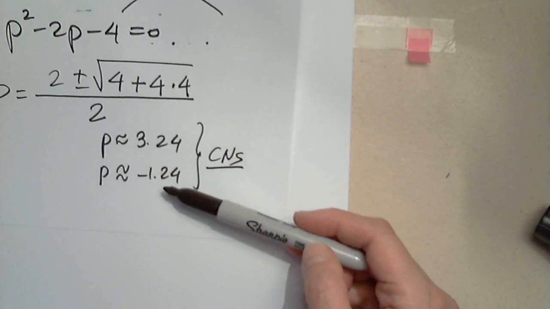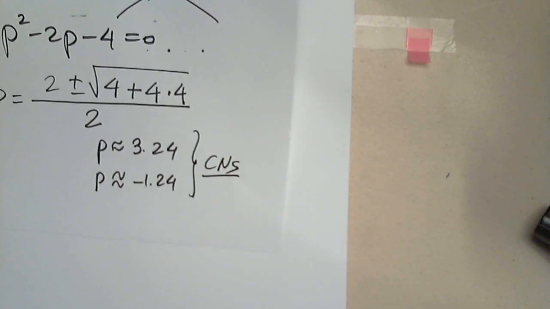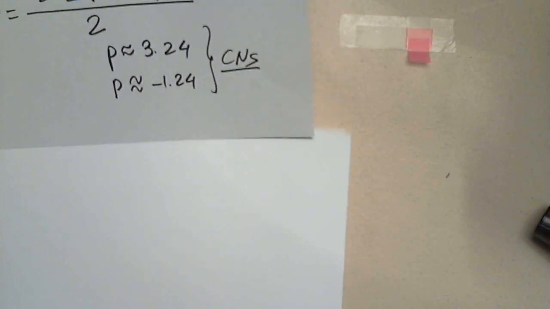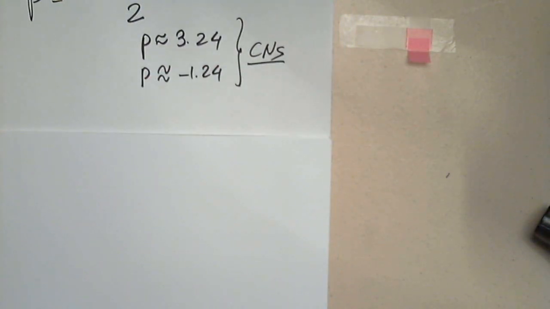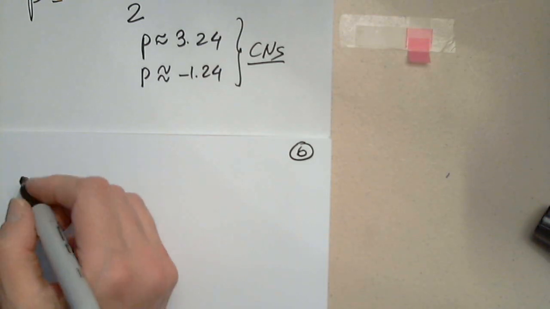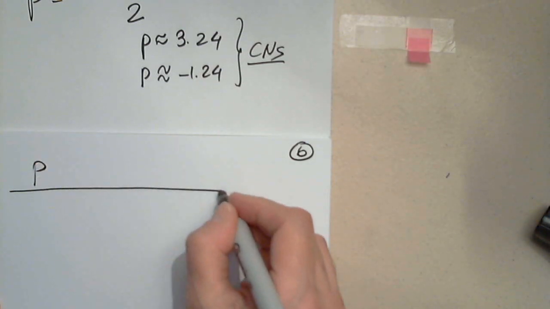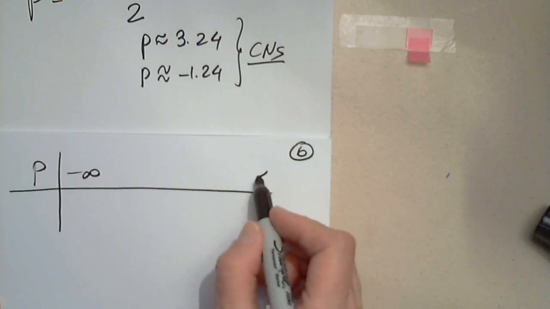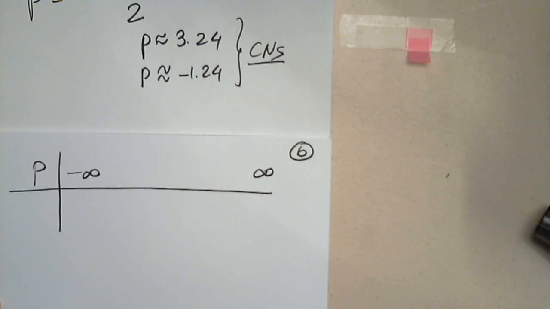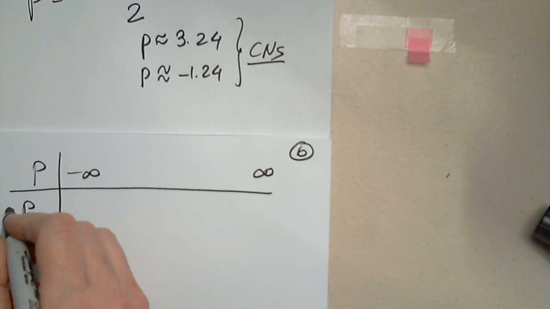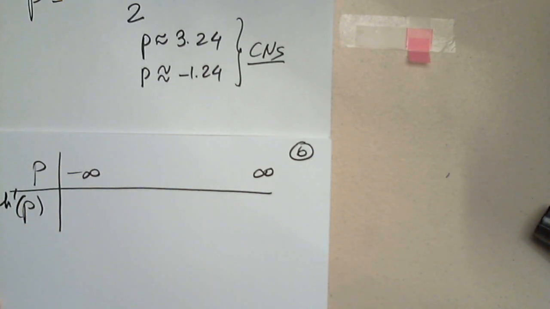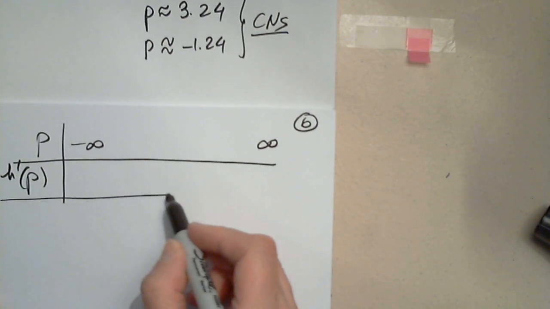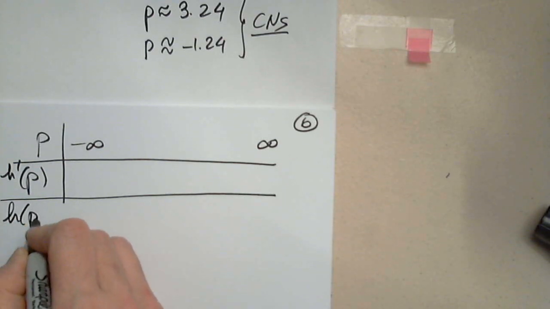Now the question is, are they max or min? I don't know. So in case we want to determine that, and I'm anticipating what will follow in this chapter, let's just do that. p, no restrictions on this function. We already established its domain. Let's put h prime of p, and let's also put h of p.